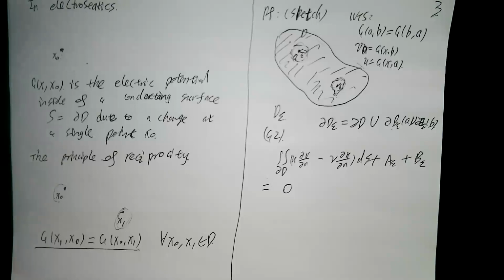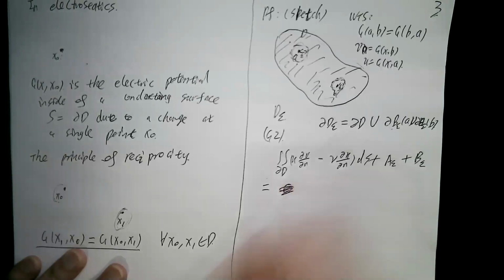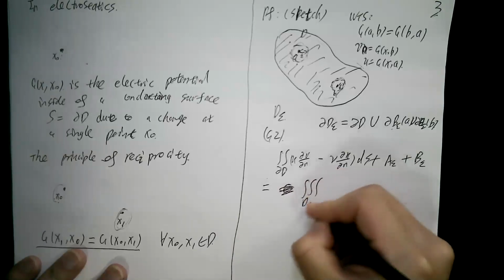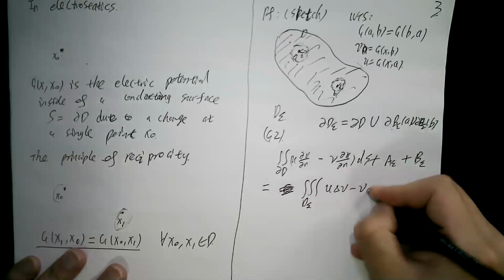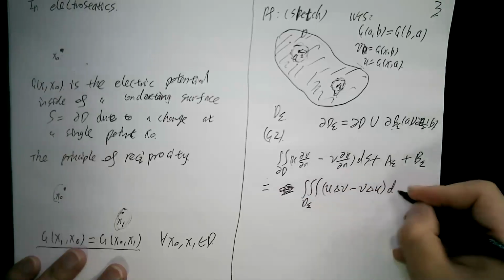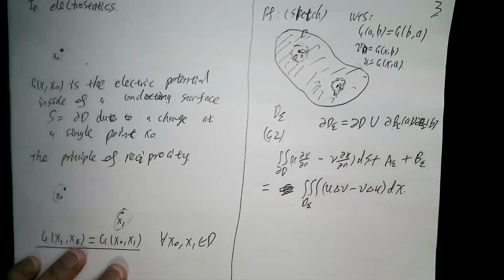Why is this integral equal to 0? Because by Green's second formula, it equals the integral on D epsilon of u Laplacian v minus v Laplacian u.